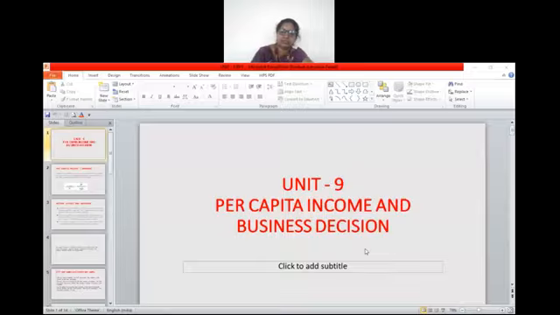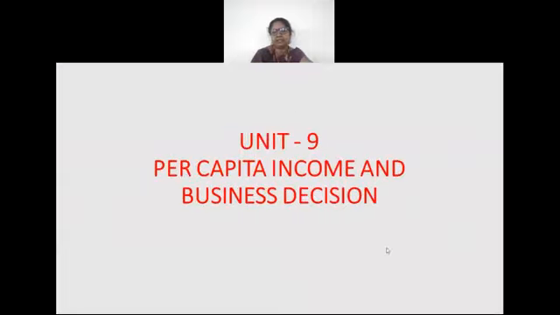Today we are going to see Unit 9, Per Capita Income, and the impact of per capita income in business decision making. What is in this unit?